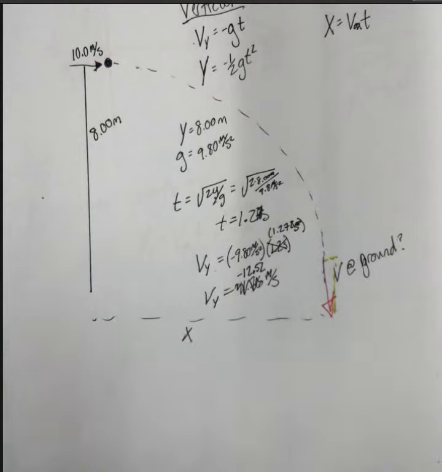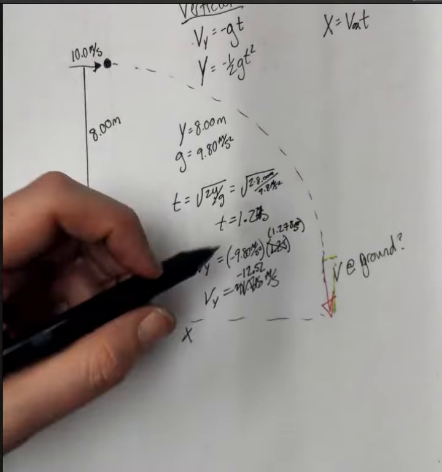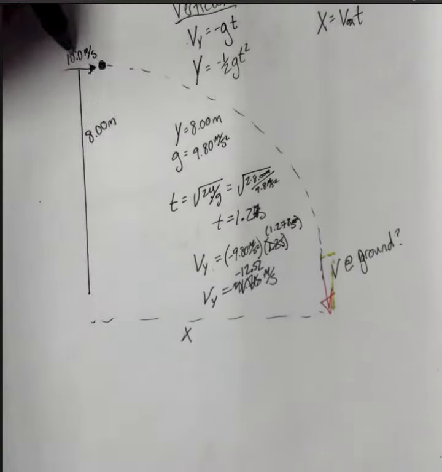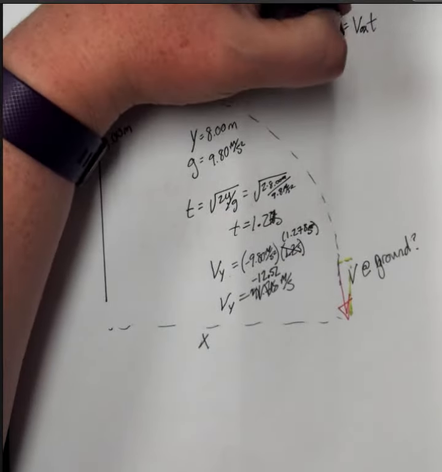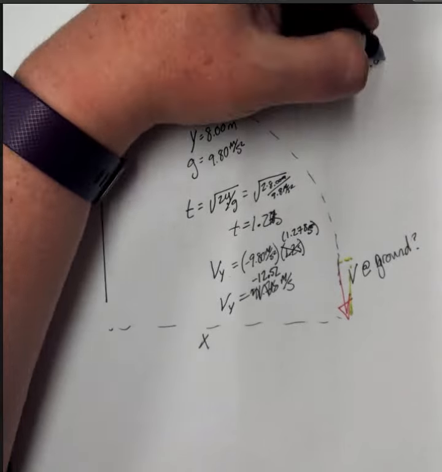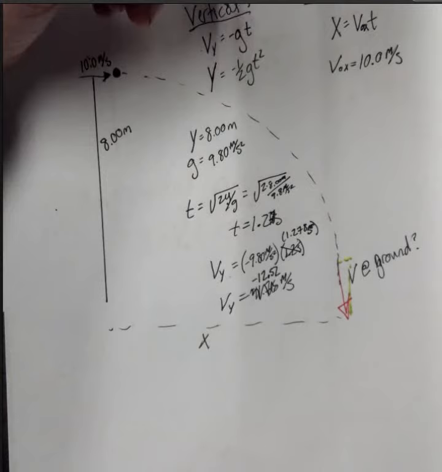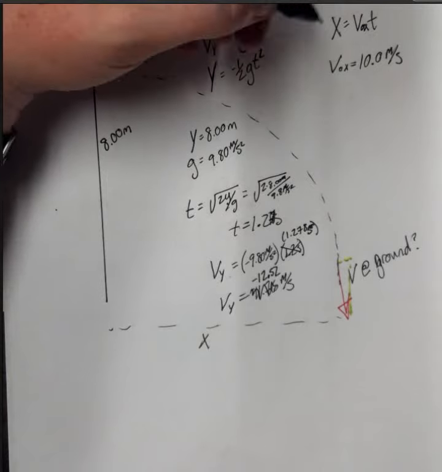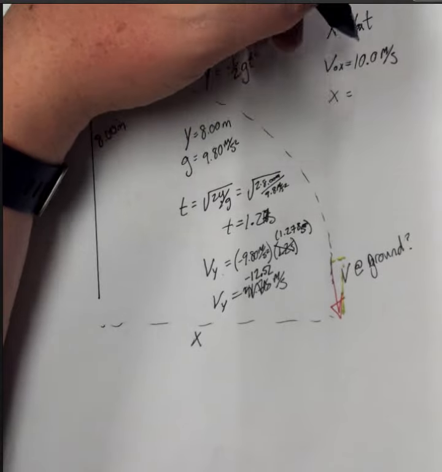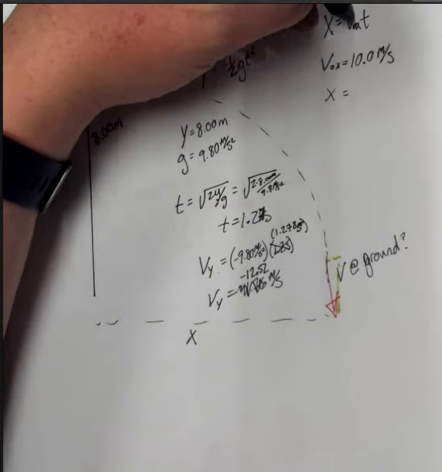So now I have the y component of my velocity. My x component of velocity, oh look, I gave it to you. So v naught x is going to equal 10 meters per second. And another thing we're going to do is take a look at the overall position. The overall position is going to be that times the time.